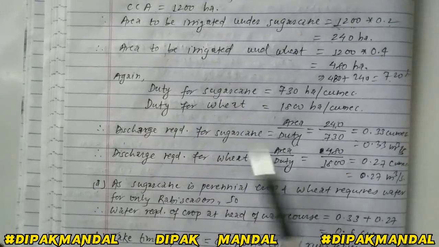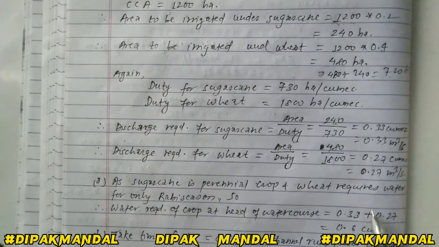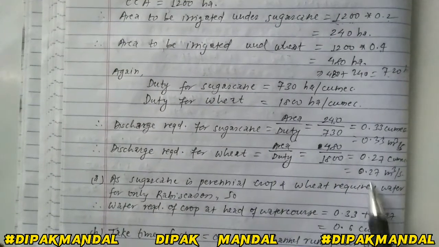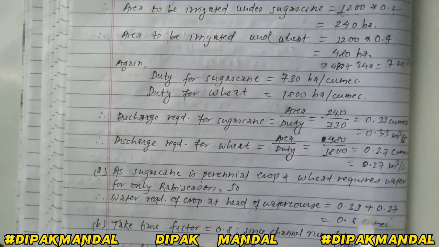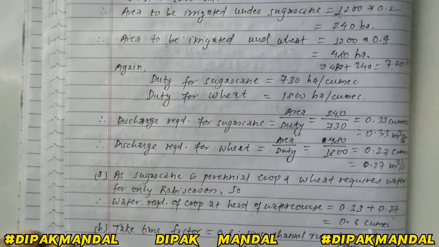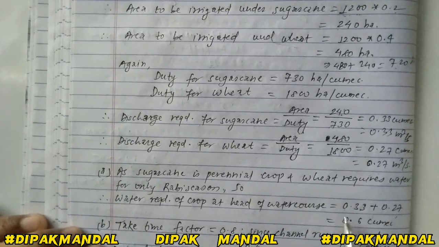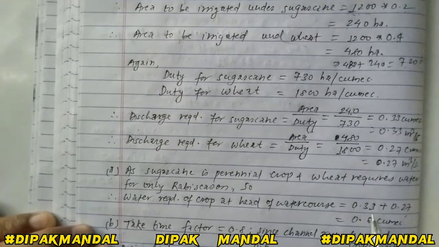The discharge for sugarcane is 0.33 plus the discharge for wheat 0.27. After adding these two values, we get 0.63 cumecs. So we have calculated the discharge required at the head of water course.